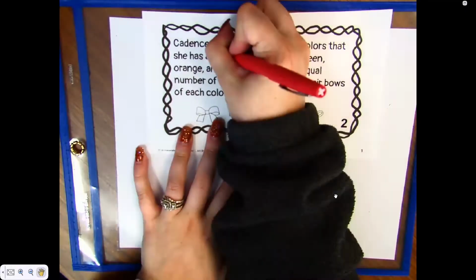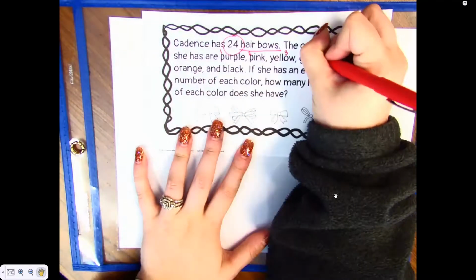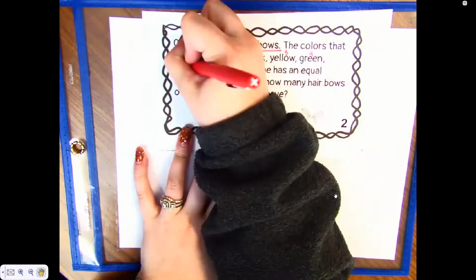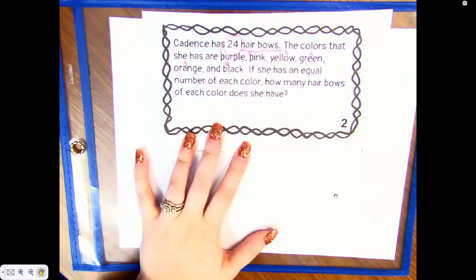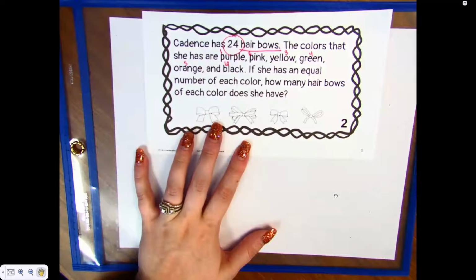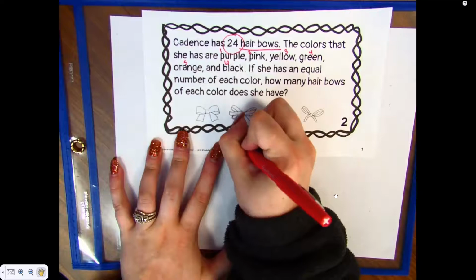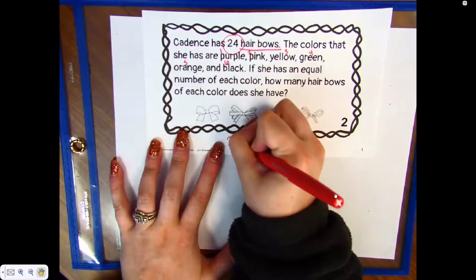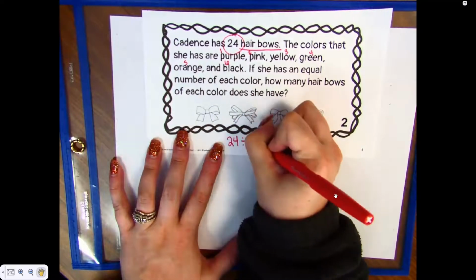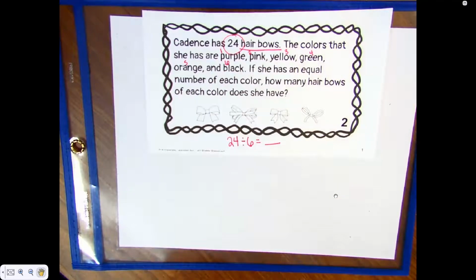I could even number them 1, 2, 3, 4, 5, 6. So she has 6 groups. So my equation is going to be 24 divided by 6 equals blank, because they want to know how many bows are in each group or color.